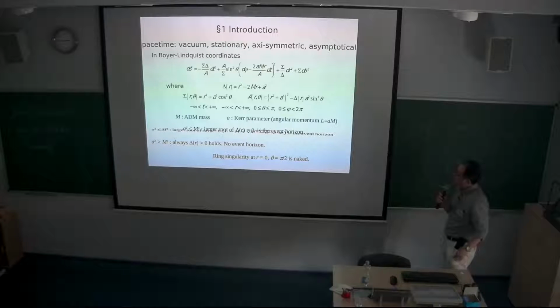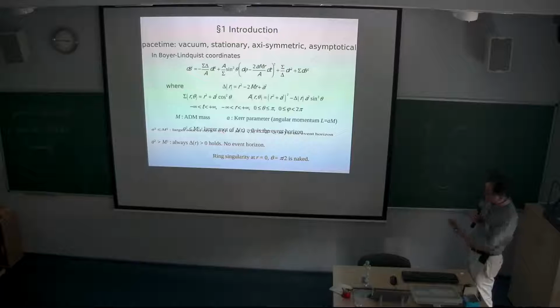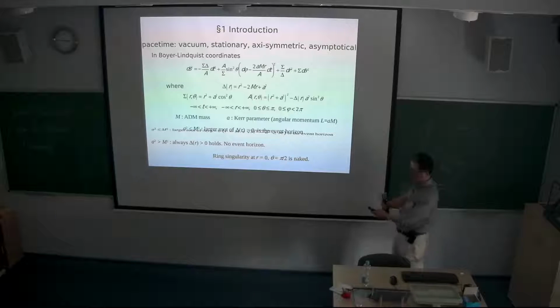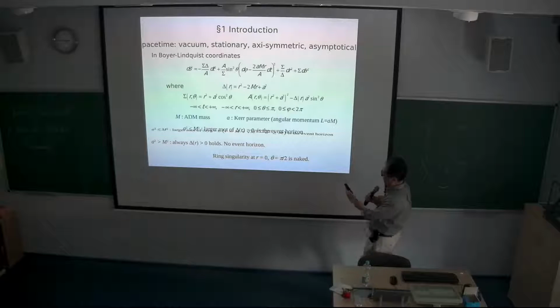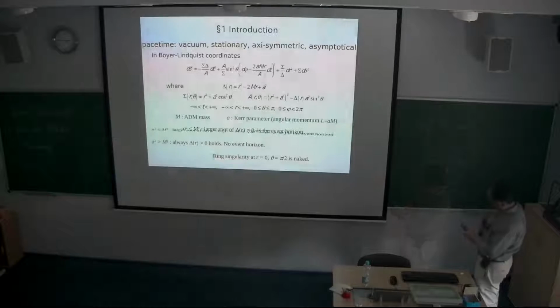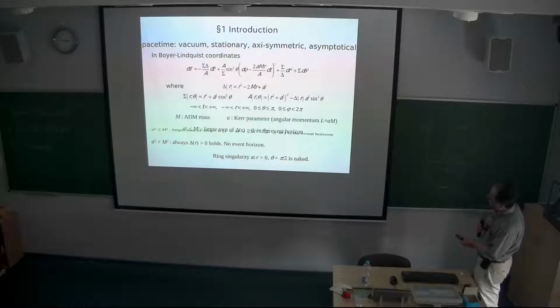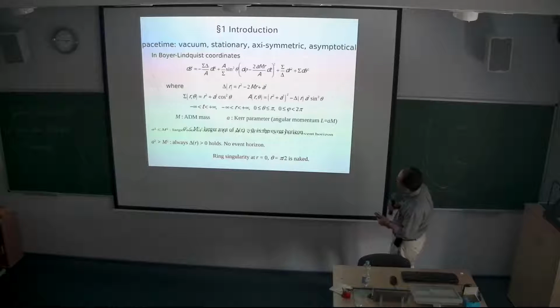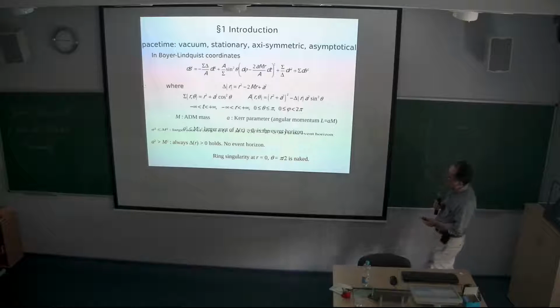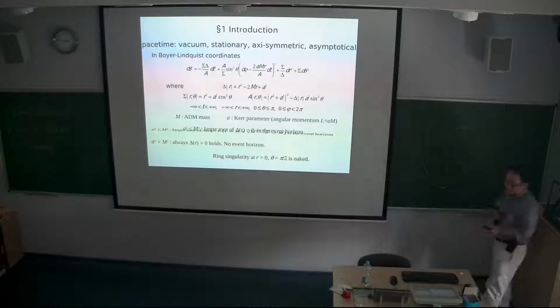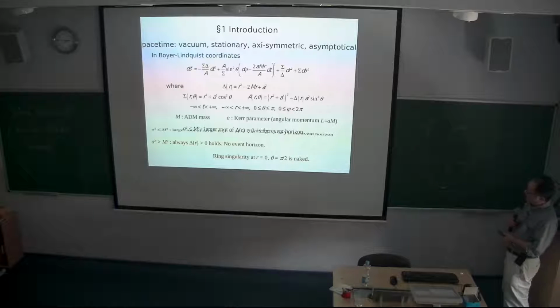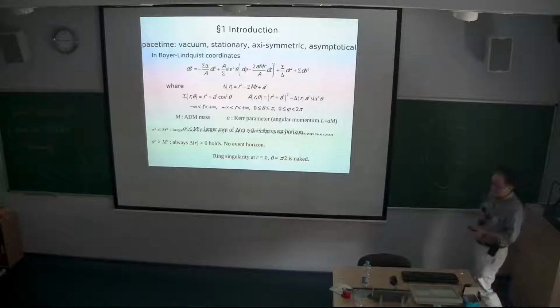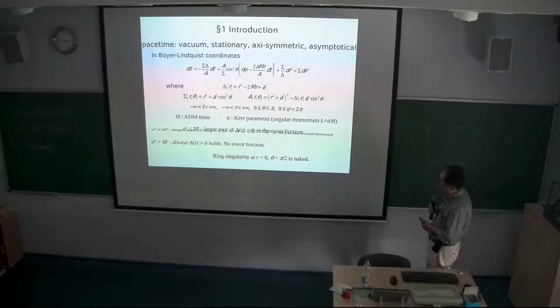In Boyer-Lindquist coordinates, the line element is given like this, and the important parameters are the mass M and the Kerr parameter a, which is the angular momentum per unit mass.